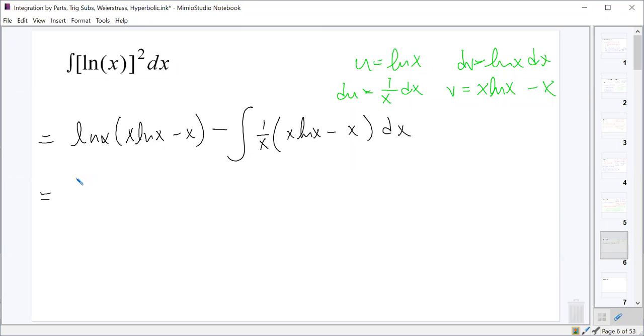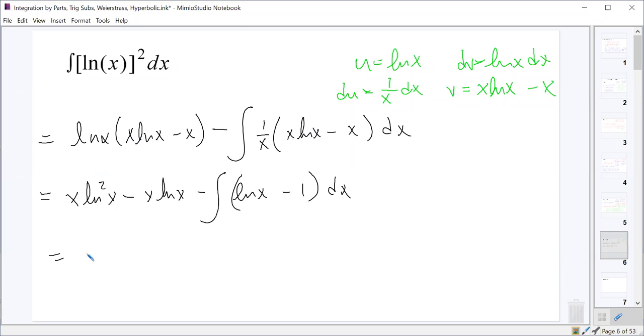All right. If I distribute this, that's x natural log squared of x minus x ln x, and then minus what integral here? This just becomes minus an integral of what? ln x minus 1 dx.